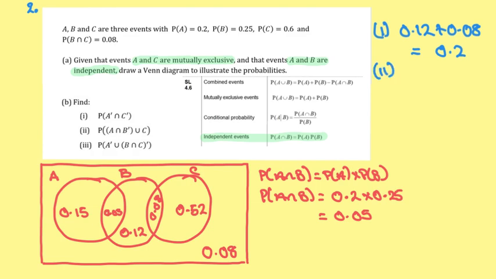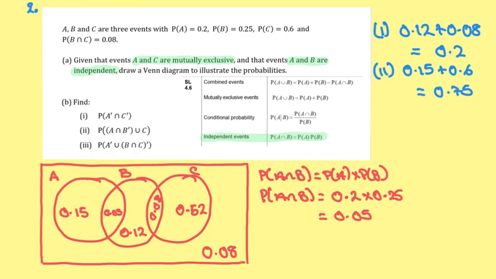Part 2. Find the probability of A intersection not B union C. This means in A and not in B, or in C, which is equal to 0.15 plus 0.6, which is equal to 0.75.